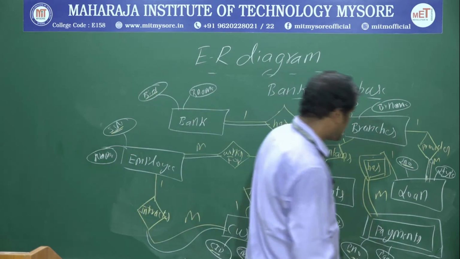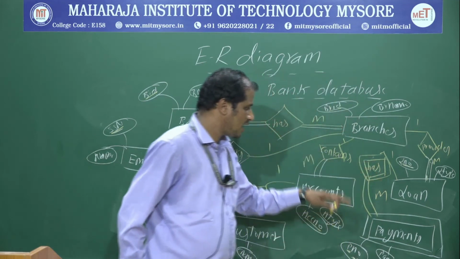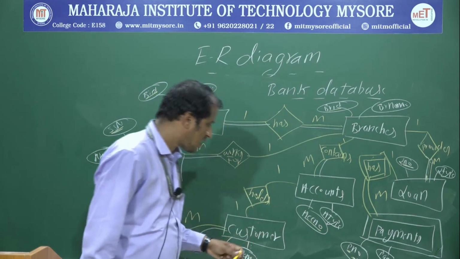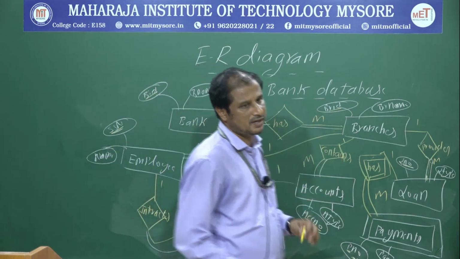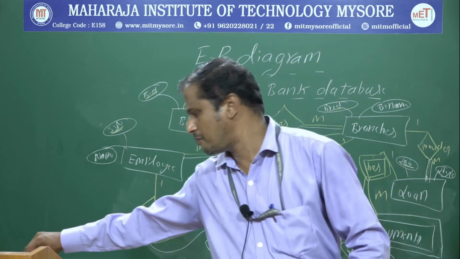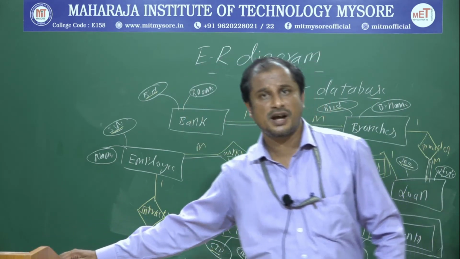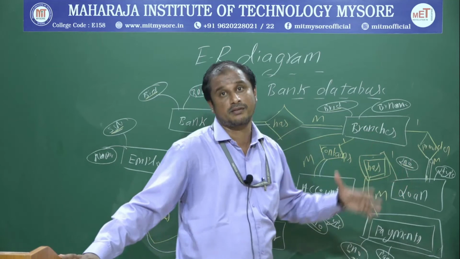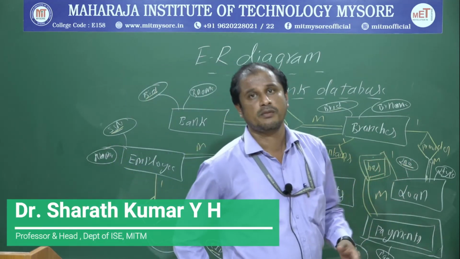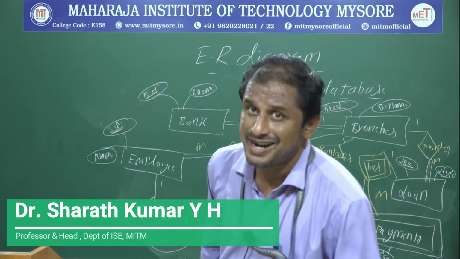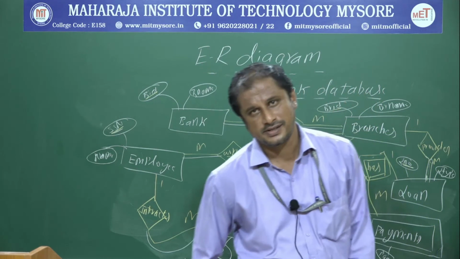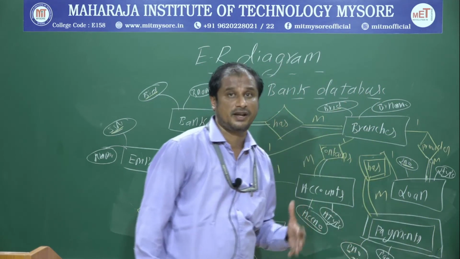One loan has many payments. One branch has many accounts. So it has been represented. This is the best way to start thinking about how to write an ER diagram, just as with the company database containing employee, department, project, and dependent as a weak entity.